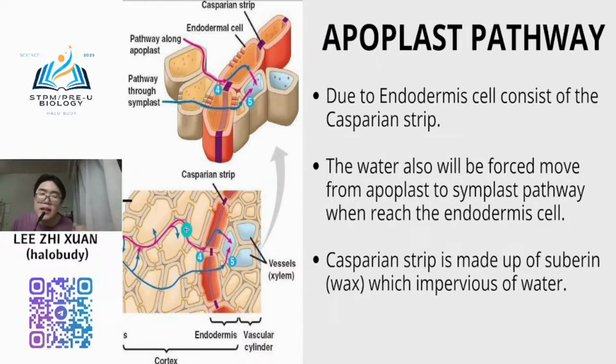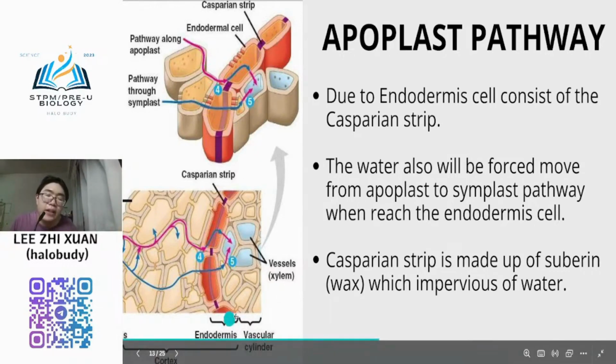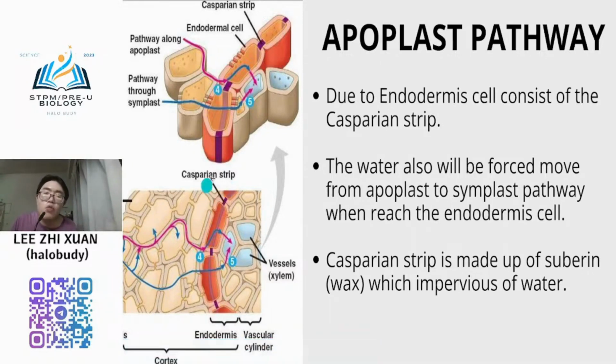When the water reaches the last layer of the cortex tissue, which we call the endodermis, the water molecule will be forced out from the cell wall and go through the symplast pathway. So the water first moves from the apoplast to the symplast pathway when it reaches the endodermis cell.